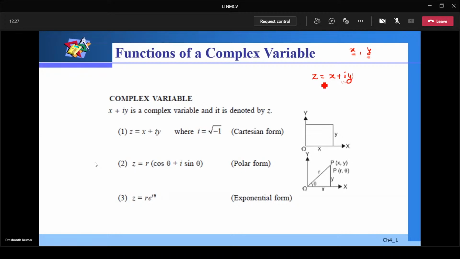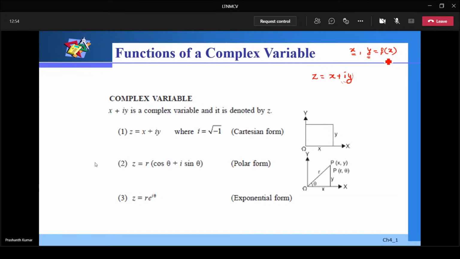Yes, but just because x and y are involved, calling it a double variable function is not correct. What is a single variable function? We write y is equal to f of x. That means y is a dependent variable, x is an independent variable, f of x is a value.